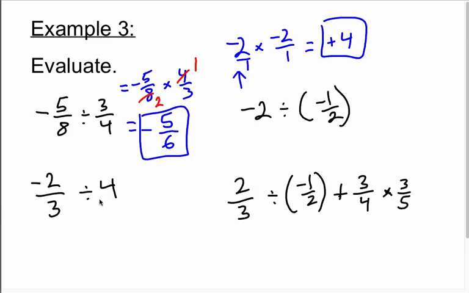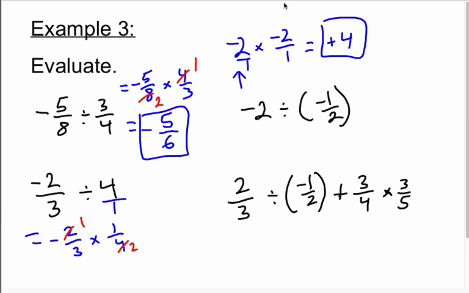Now here, we got divided by 4, which is not a fraction, but you can make it look like a fraction by writing 4 divided by 1. That gives you 4. And we can do the same thing. We multiply by the reciprocal of 4, which is 1/4. Let's check to see if anything simplifies here. 3 and 1 cannot simplify. 2 and 4, I can divide by 2 and get 1 and 2.